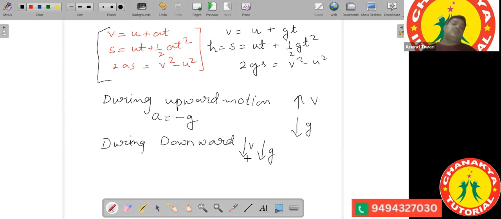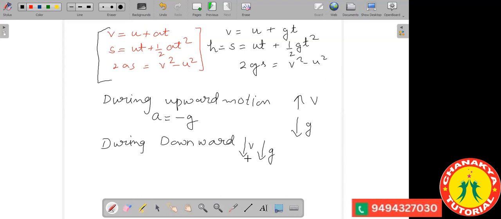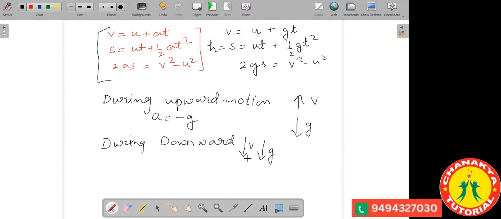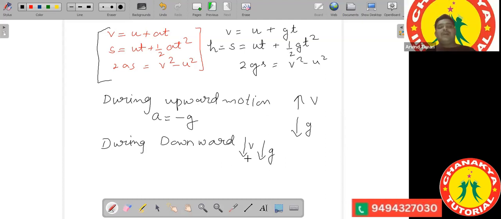So velocity and acceleration both are acting in the same direction. What's the value of small g? 9.8, right? But can we write 10? No, we will be writing 9.8 unless stated in the question. Unless it's given in the question that you have to take the value of g as 10, only then will you take g as 10.